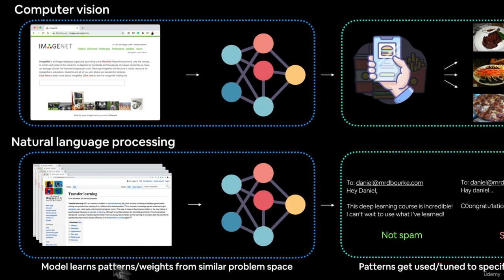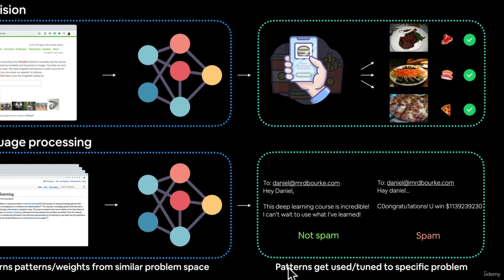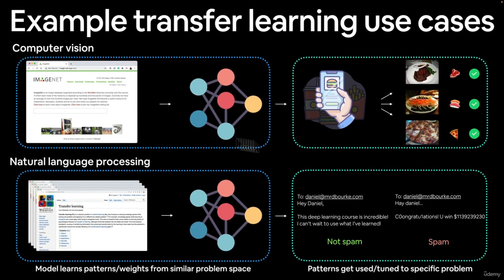So our model learns patterns, weights and parameters from a similar problem space to our own. And then the power of transfer learning is that we can use these pre-learned patterns and tune them to our specific problems, such as using the ImageNet weights for Food Vision Mini, or such as using the language model from reading all of Wikipedia to create a spam or not spam email engine.